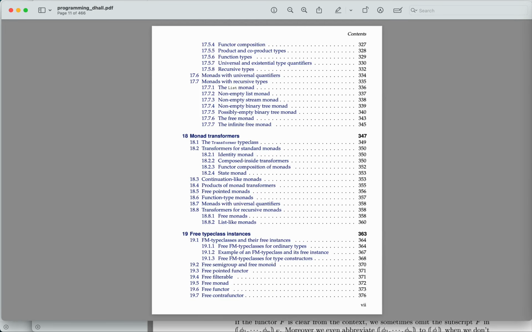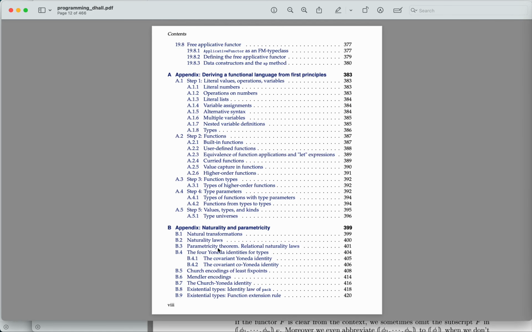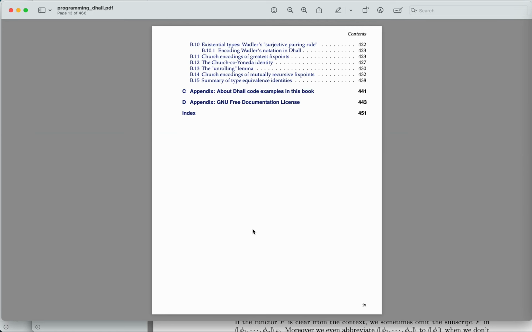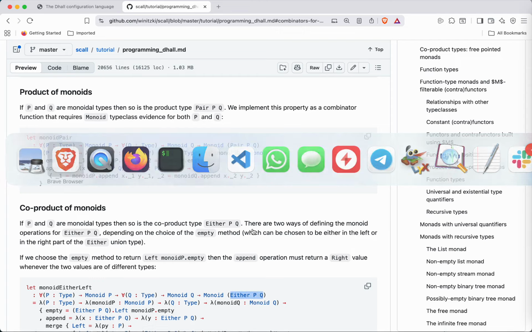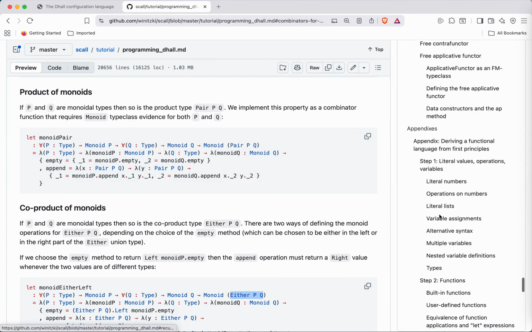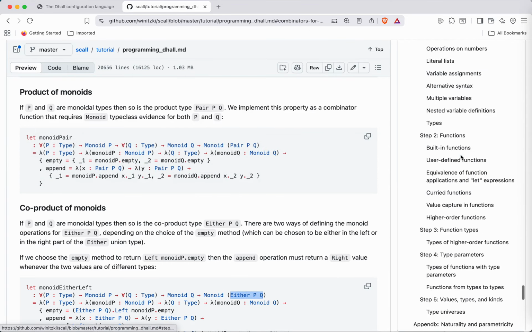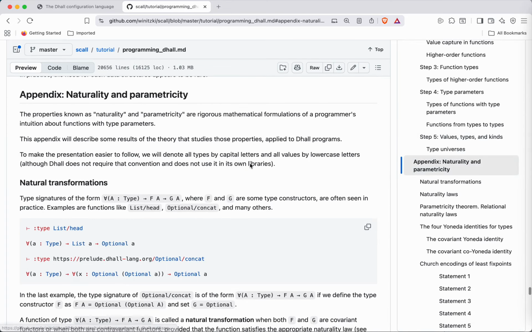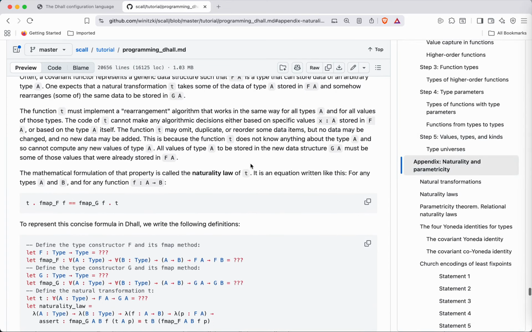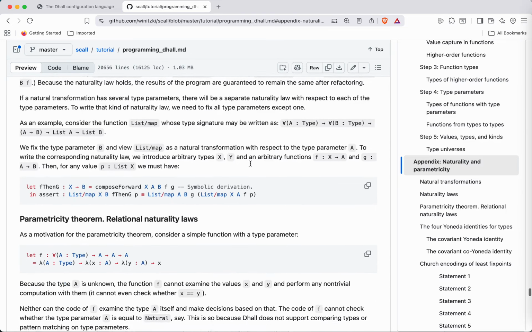The second appendix is naturality and parametricity. Now, naturality and parametricity is a theoretical part of this book. Here I show some proofs. I actually show laws, naturality laws.